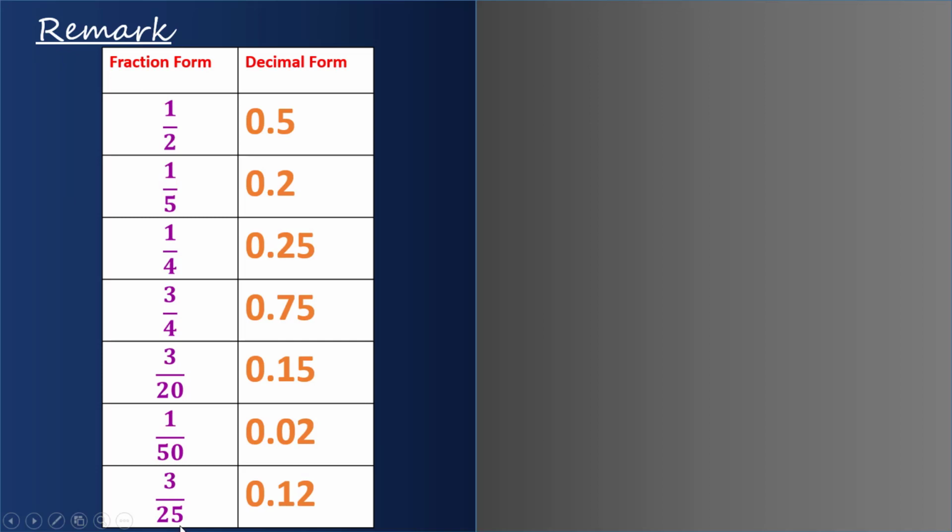And 3 over 25 we can multiply by 4, it will be 0.12.